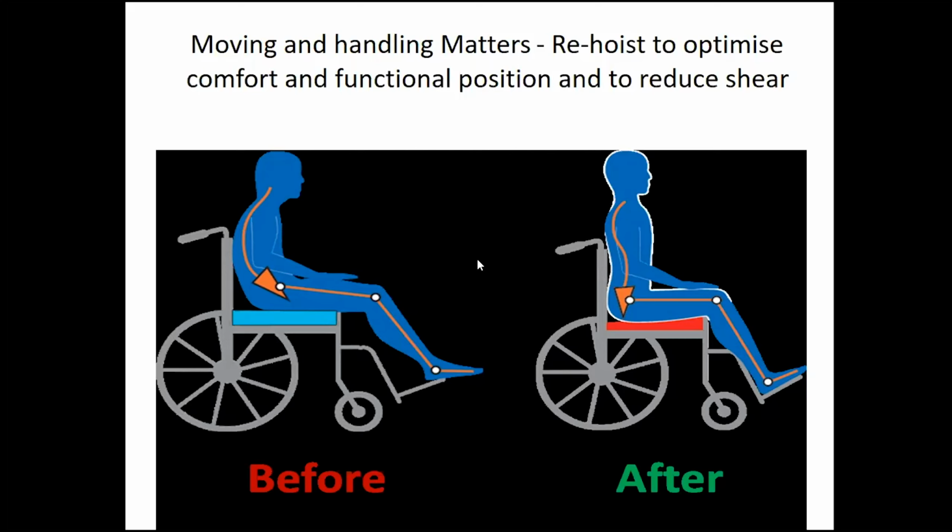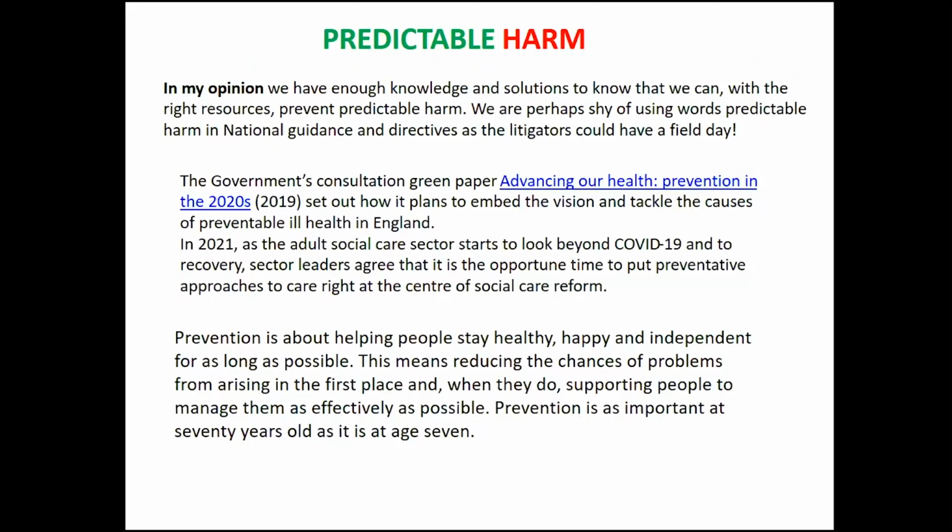So if you need to rehoist somebody 3 times or whatever, as long as you optimize the symmetry of the person's body, pelvis as level as possible, shoulders as level as possible, then again, we can hopefully work together in reducing the risk factors for pressure ulcers.